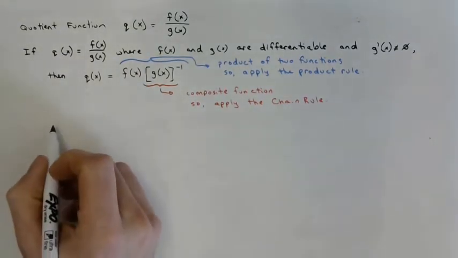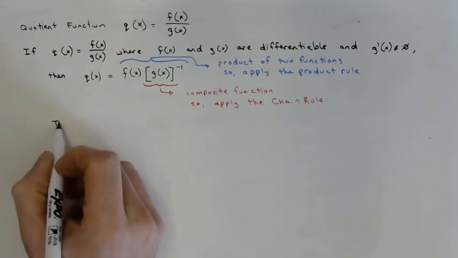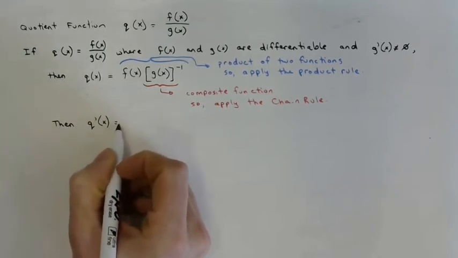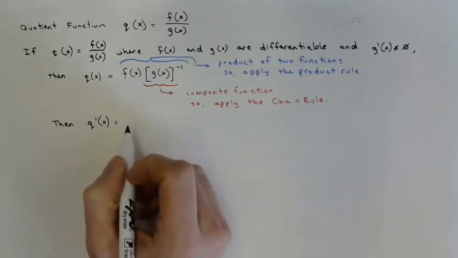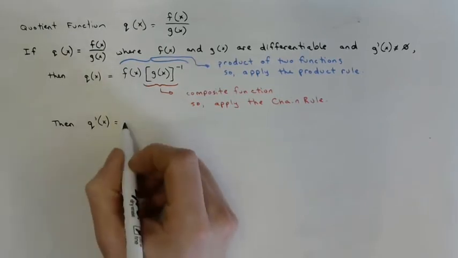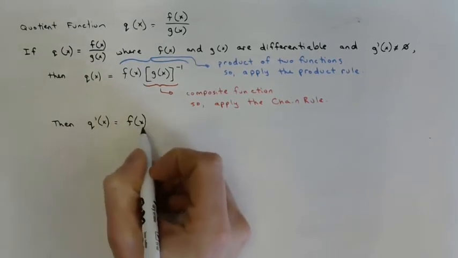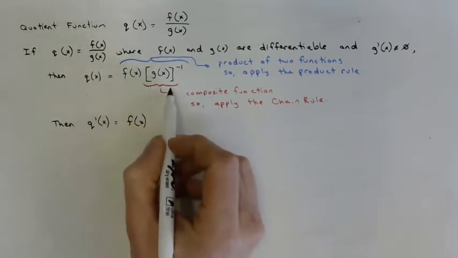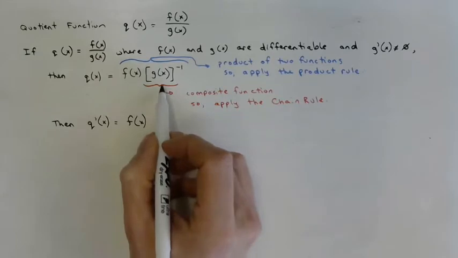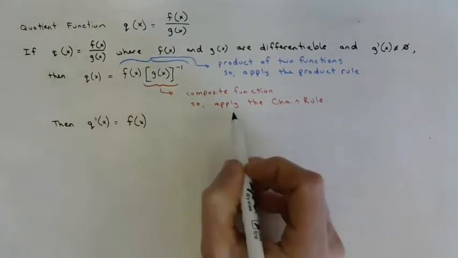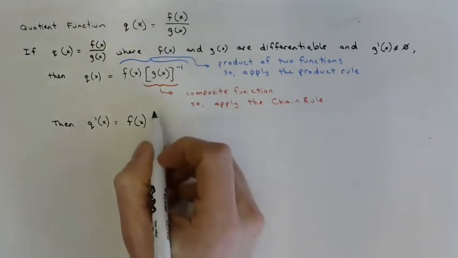And what happens is that the derivative of q of x becomes, and this is going to look kind of ugly, but basically what we're going to do is take the first function, f of x, times the derivative of the second function. But the second function is a composite function. So in taking the derivative of the second function, we're also going to apply the chain rule, which looks like this.